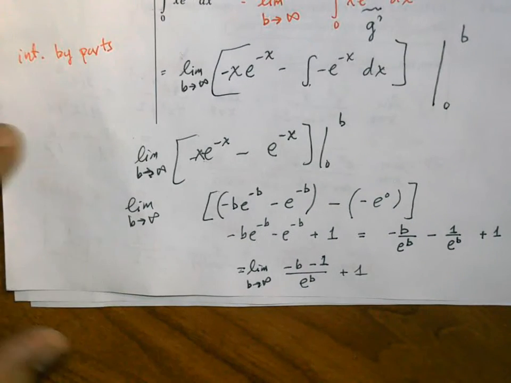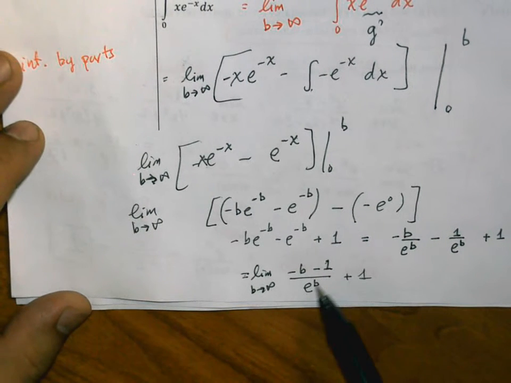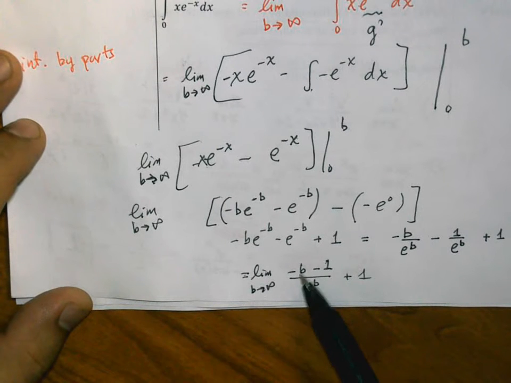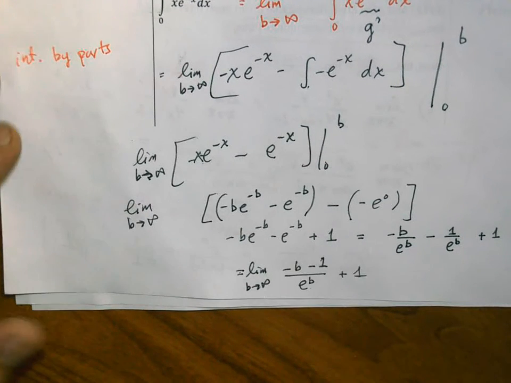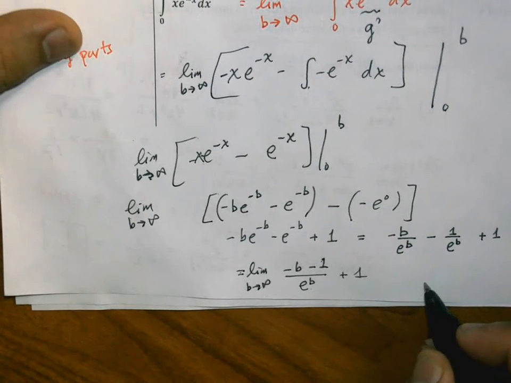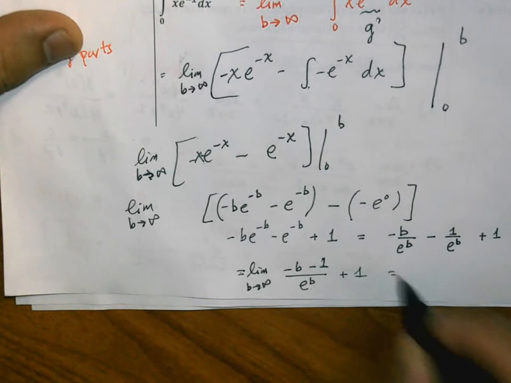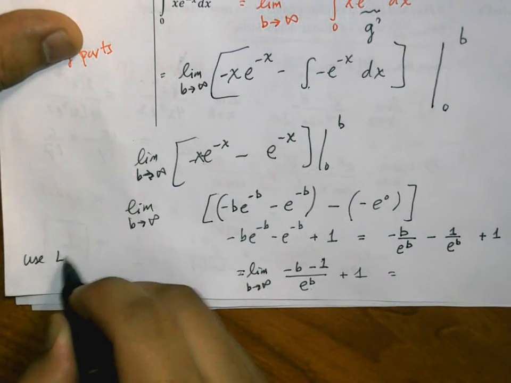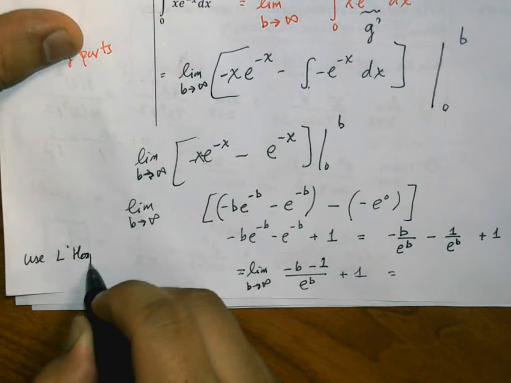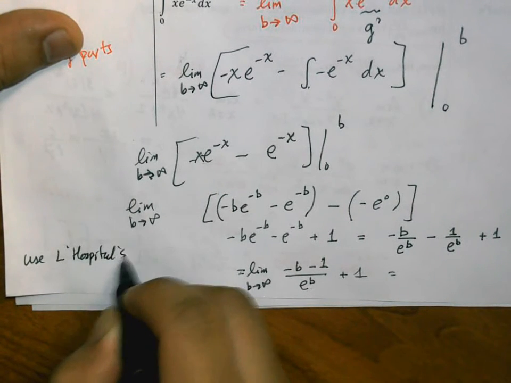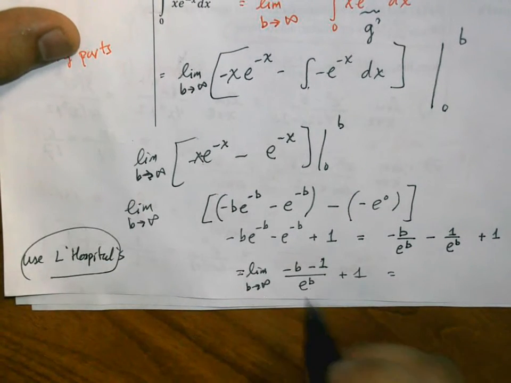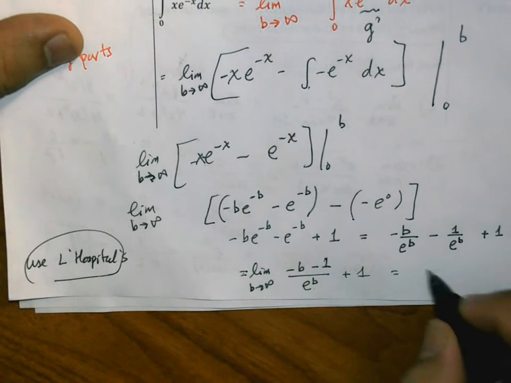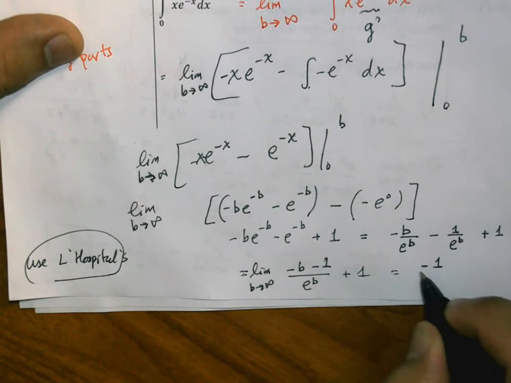So you can see that if we were to plug in infinity, we would get infinity on the bottom, and we would also get infinity on the top. So that would be an indeterminate form. So we're going to use L'Hopital's rule. Take the derivative of the top, and that just gives us -1.